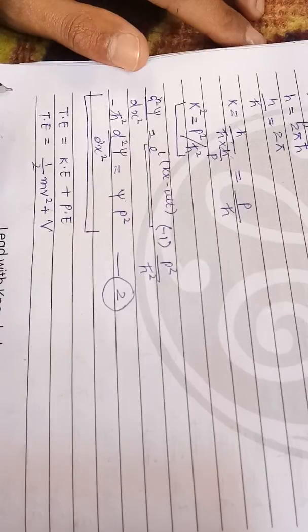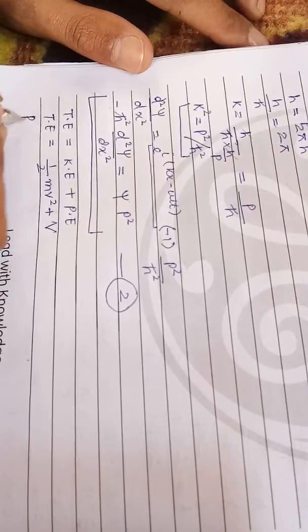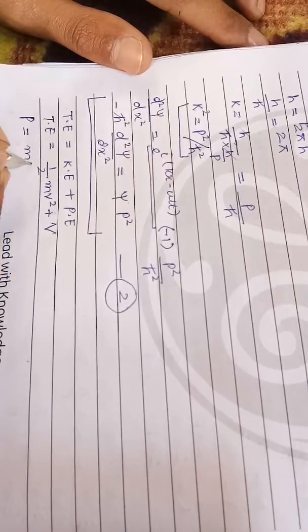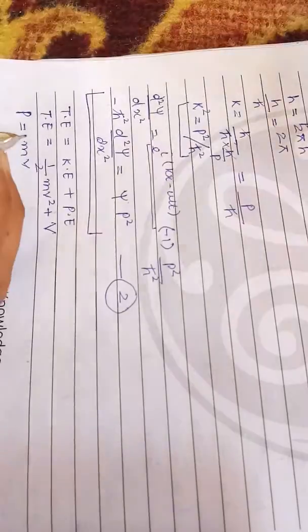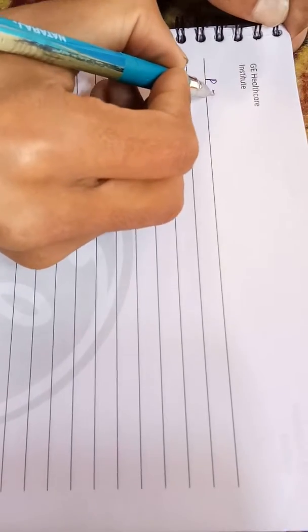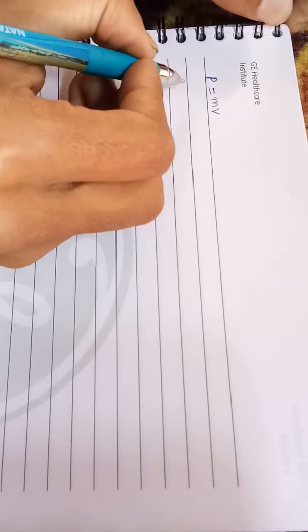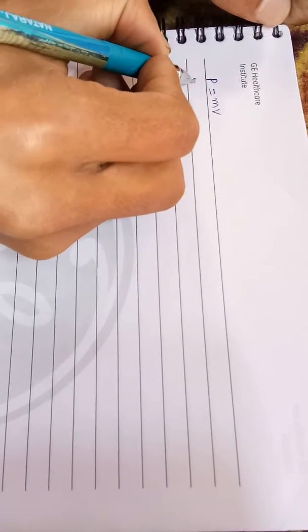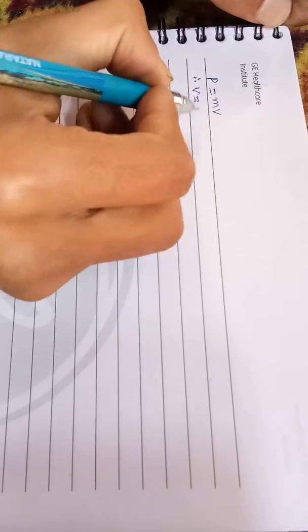Now I also know that linear momentum of a body is equal to mv. Let me turn the page, sorry. I also know that p equal to mv. Therefore v equal to p by m.